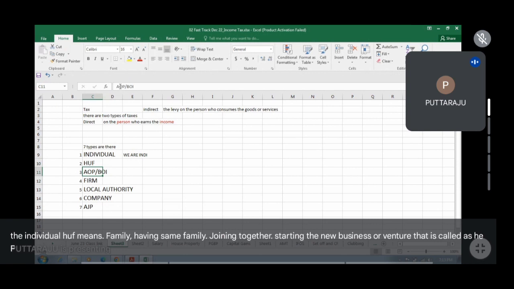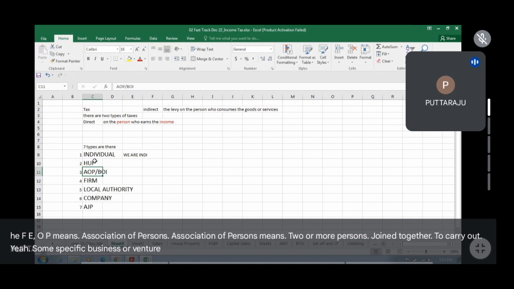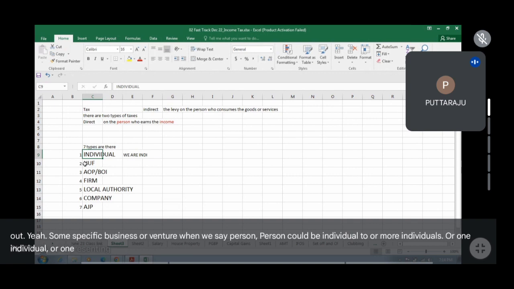AOP means association of persons. Association of persons means 2 or more persons join together to carry out some specific business or venture. When we say person, it could be individual, 2 or more individuals, or one individual and one HUF, or one individual and one firm, or one individual, firm or local authority.